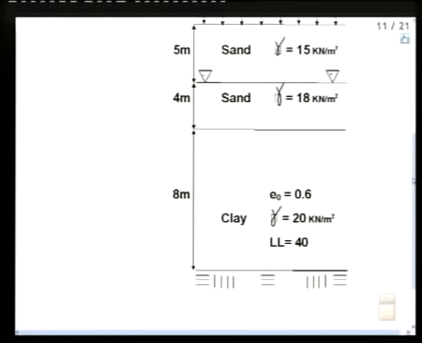Only for the clay. Even if I didn't tell you, we find always for the clay. Even if we had sand below the clay, not rock, sand, then rock, whatever. We go just for the clay. Whether it was sandwiched between sand or it was alone, whatever. I just find primary consolidation for clay. Are you ready?